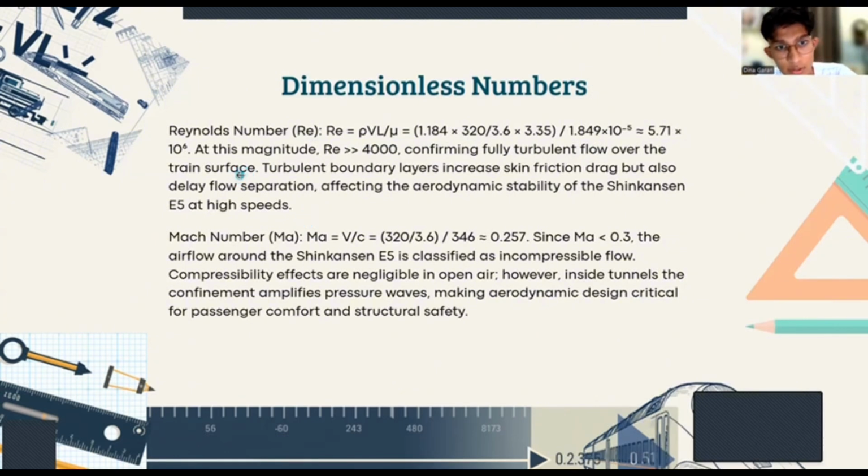So at this magnitude, Reynolds number bigger than 4000 confirms fully turbulent flow over the train surface.